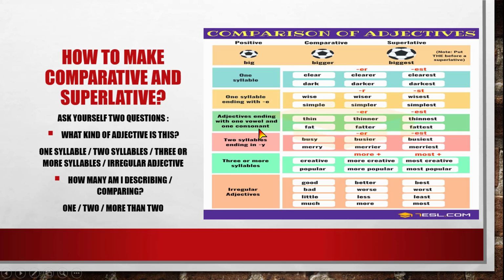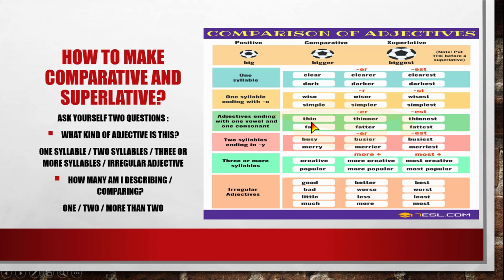Another adjective is one ending in one vowel and one consonant, as you can see in the word thin, T-H-I-N. As you can see, the last letter is a consonant, the letter N, and it's preceded by a vowel. The letter just before the N is a vowel.